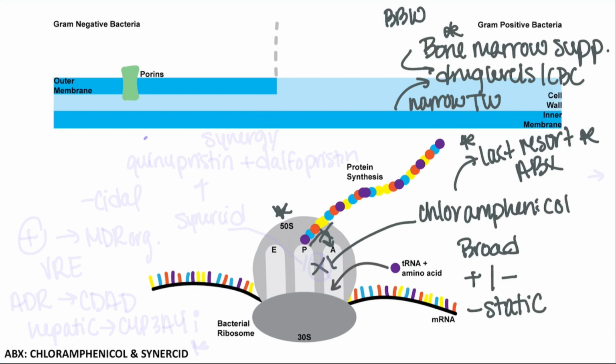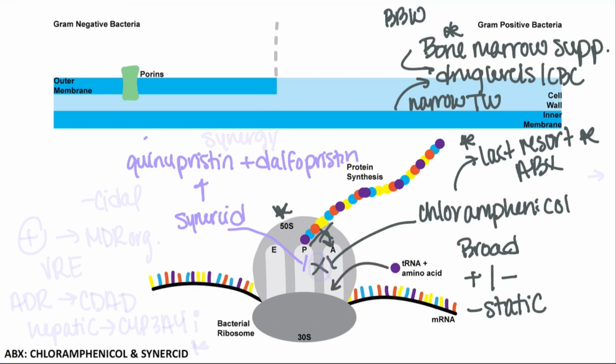Our next agent for this slide will be Synercid, which is actually a combination antibiotic of quinupristin combined with dalfopristin. And these are streptogramin antibiotics, and they work in a similar way as the macrolides, clindamycin, and chloramphenicol.